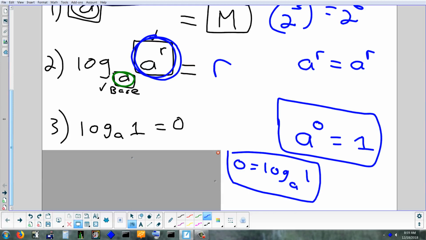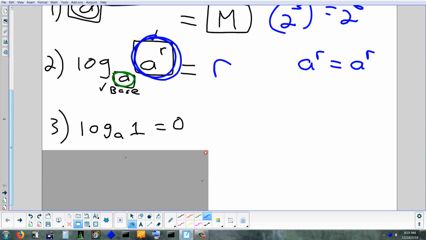All right, let's do the fourth property the same way. Is everyone okay if I erase that? I need a little more space. All right, what if you take something and raise it to the first power? What do you get? A. You get A. Basically, that's just the property saying if you raise something to the first power, it doesn't change it, you just get the same thing back. Well, let's convert that into a log property and see what it says.